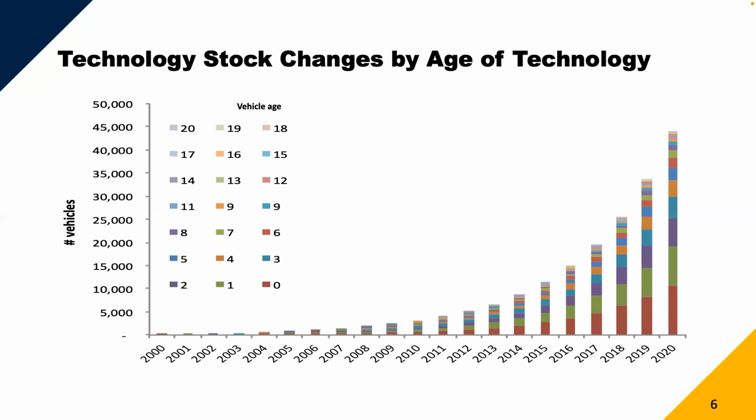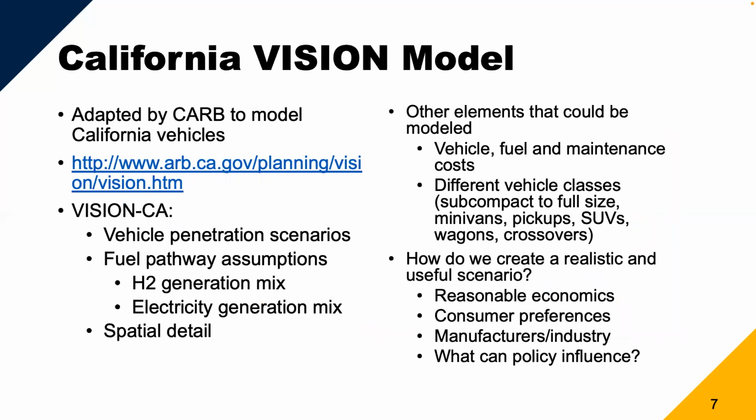Okay, and I should also mention that the VISION model from Argonne was also taken and adapted to use specifically in California. So there's actually a version of VISION developed by the California Air Resources Board, CARB, specifically to model turnover for California vehicles.